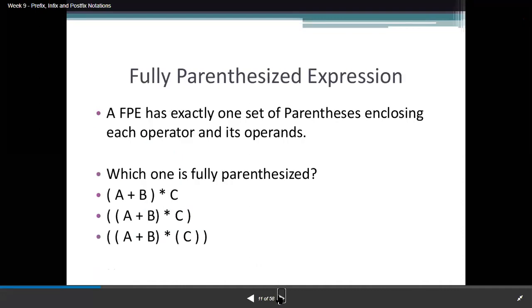Now one thing we have to worry about before I jump into the mathematical details. FPE is very simple: fully parenthesized expression. Given an expression, we check whether it is fully parenthesized, that is, whether all the brackets are properly given. You see here you have 3 options and you have to find out which one is accurate.